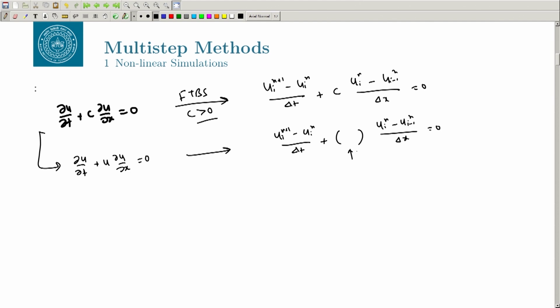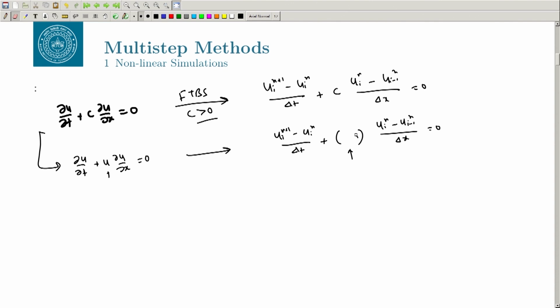We are trying to solve for u, and the u is also convecting at the speed which is u only. So, what is the value you should use in the discretization here? Whether you should use u_i, or maybe u_(i-1), or maybe an average of u_i and u_(i-1). You have multiple choices, and each choice can give you a slightly different result.